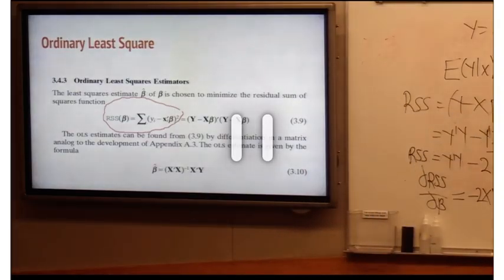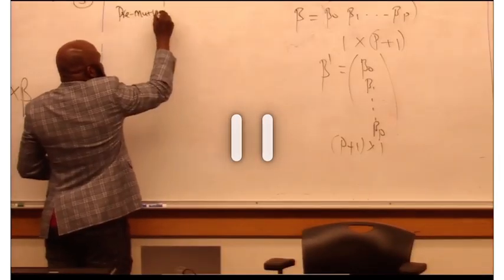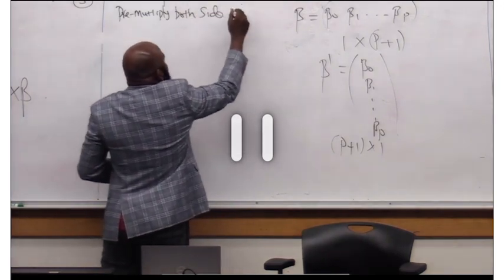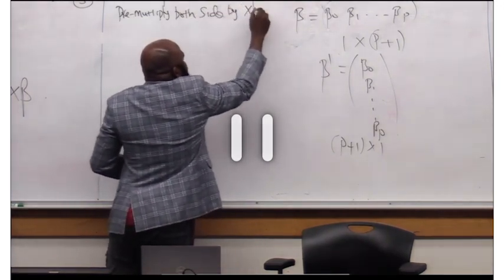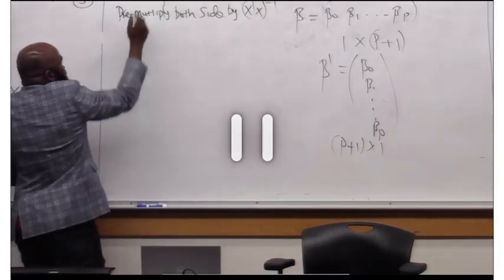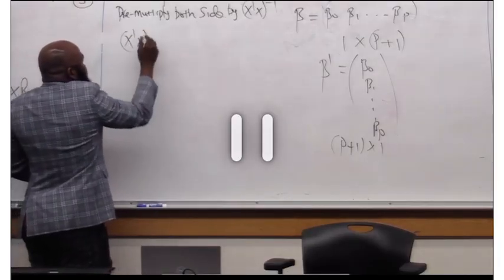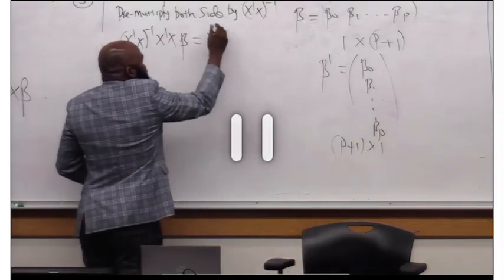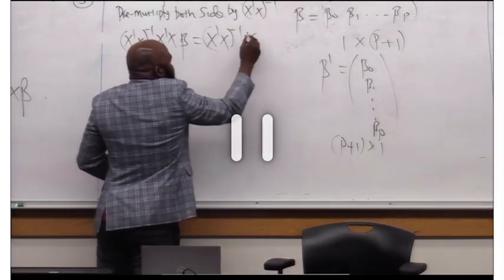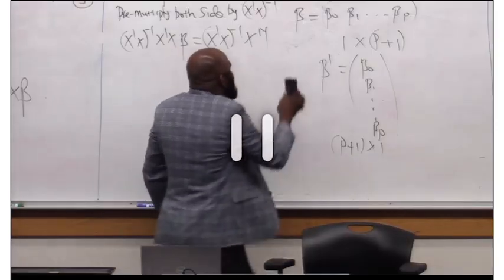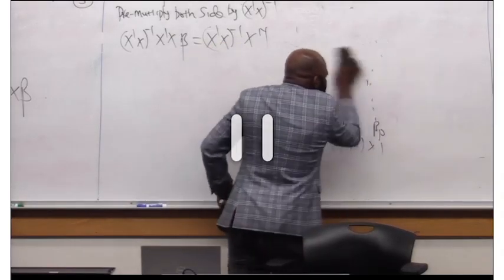Now what I'm going to do, I will pre-multiply both sides by the inverse of that. So here I multiply by this, then I have this equal to this.